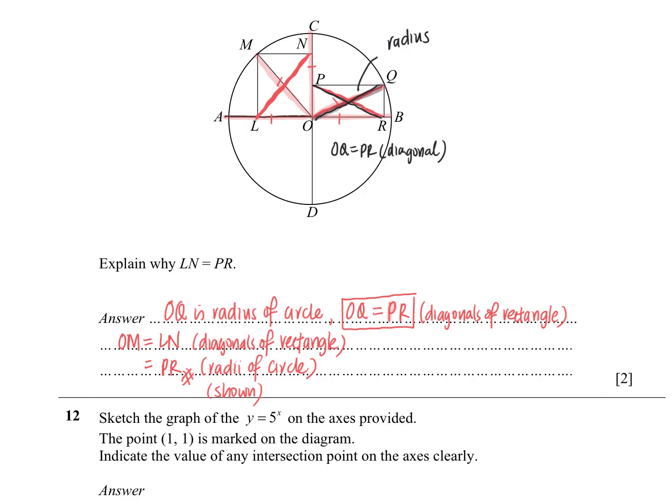And then you also happen to know that this is equal to MO because this is also a radius. And with that, we also know that these two are equal because they are diagonals. Okay, so it's repetitive.